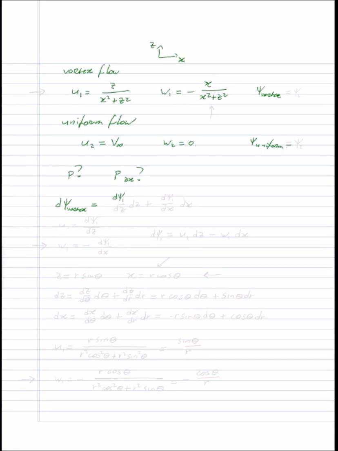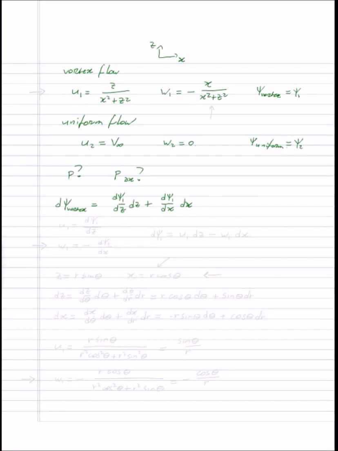So psi vortex is equal to psi 1, that's less writing. And this is going to be psi 2. So this is going to be the partial of psi 1 with respect to z, dz, plus the partial of psi 1 with respect to x, dx. So it's going to be a function of x and z. So we need those two contributions.